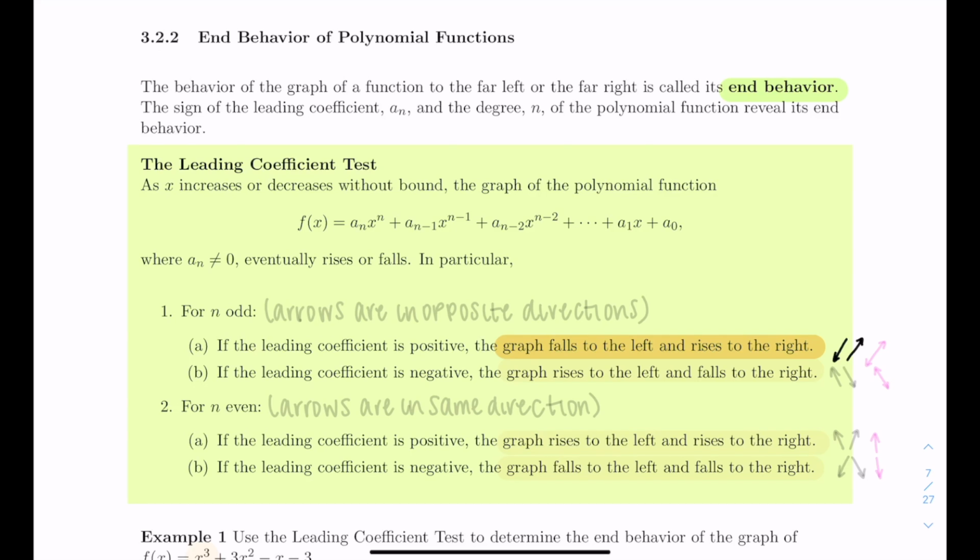If the leading coefficient is negative, while n is odd, then the graph rises to the left and falls to the right. And so I like to think when n is odd, our arrows go in opposite directions.